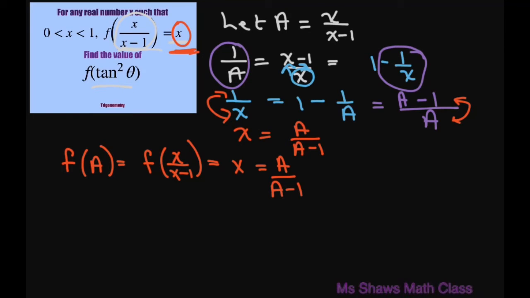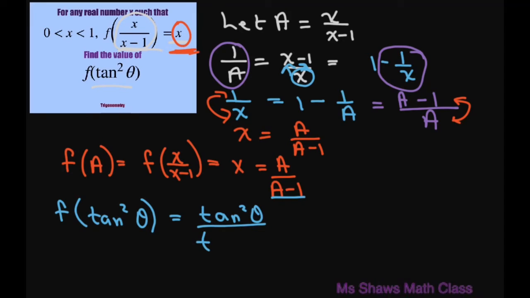Alright, so now we're going to do f of tan squared of theta, and I'm going to use our formula given here. So this is going to be tan squared of theta divided by tan squared of theta minus 1.